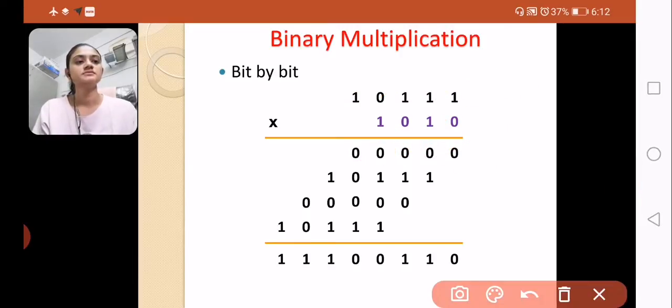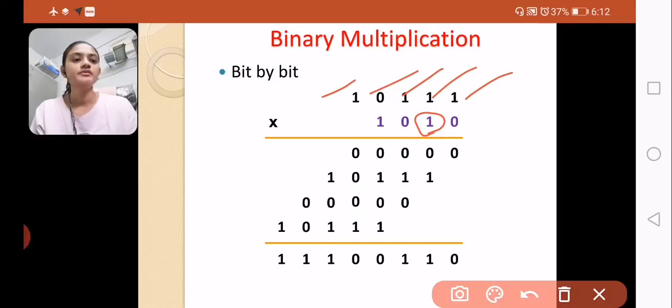Next, this 1 bit is multiplied with each bit. So it will produce 10111 as it is given here. Okay, but here you have to make one space.